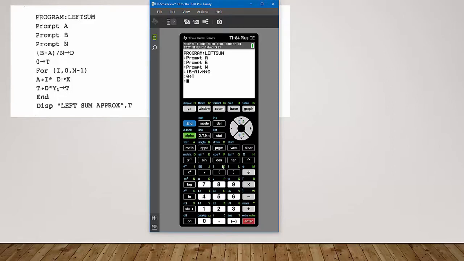For is a programming command. There it is, number 4. So For, I, comma, 0, comma, N minus 1.